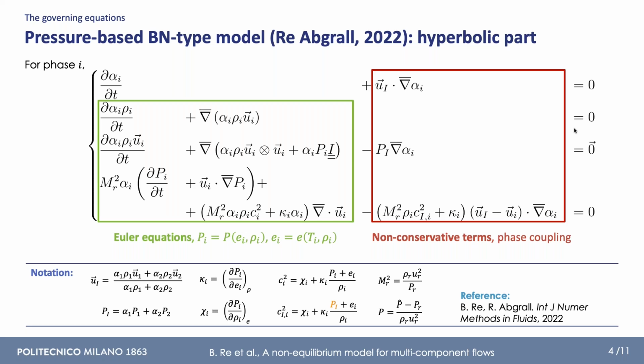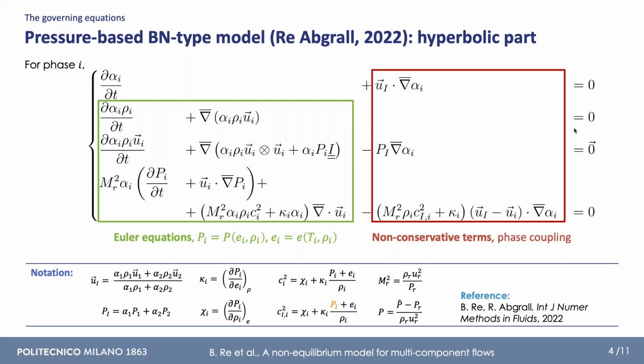In the green box, we have something that is very similar to the Euler equations, but for the partial density and the partial momentum. This model is valid for any equation of state because we have described the thermodynamic derivatives and the speed of sound in a generic way, and we have only in this part here the interface speed of sound, which does not have any thermodynamic meaning.